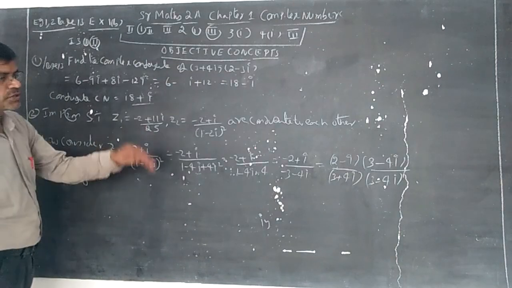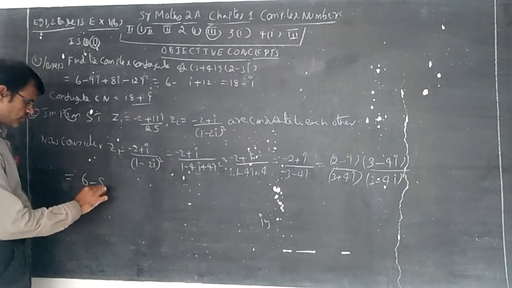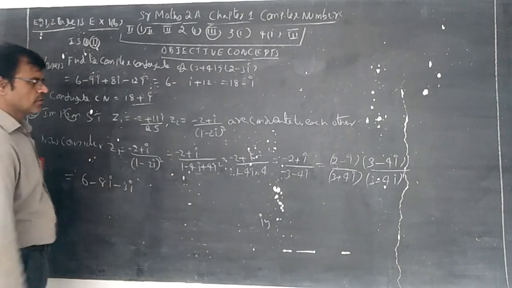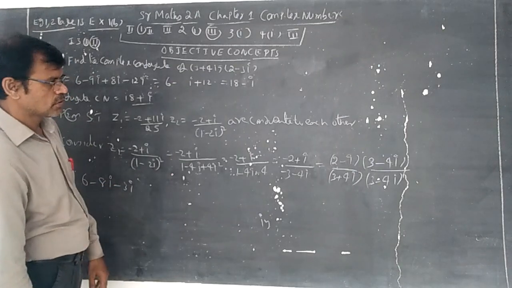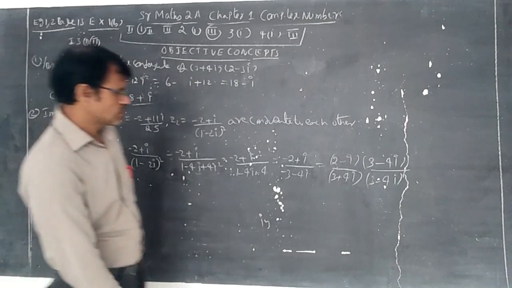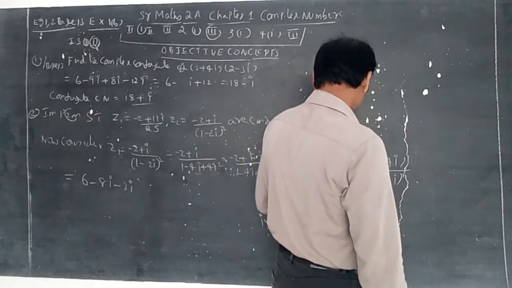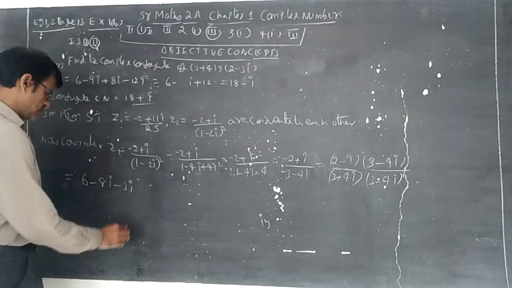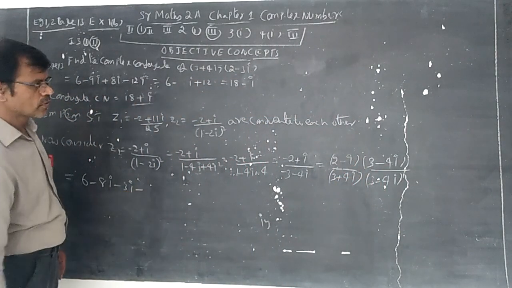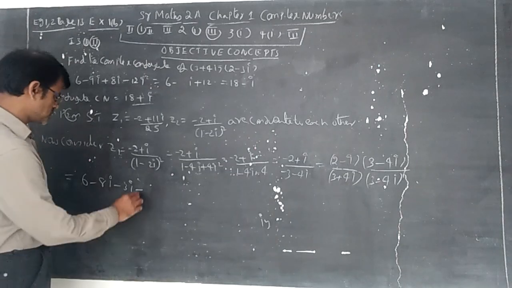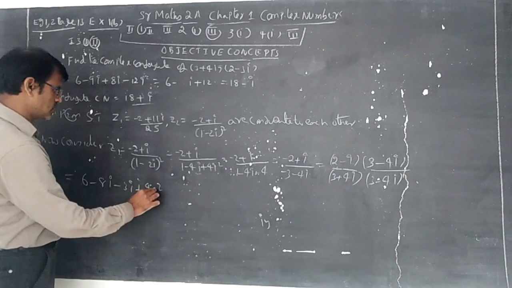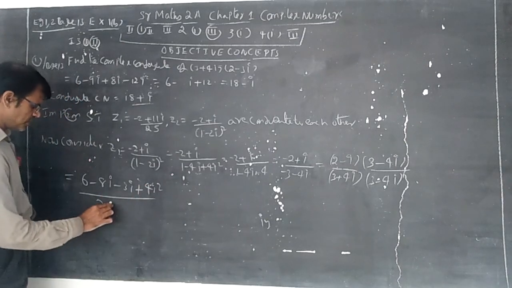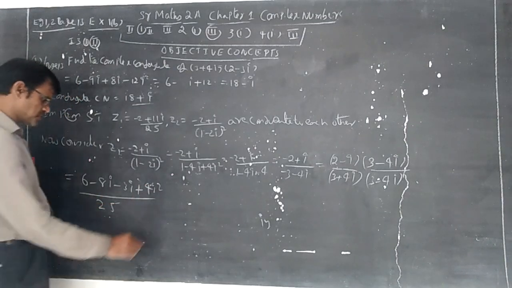Now write like this: 2 into 3 is 6, minus 2 into 4i is 8i, minus 3i, plus 4i square, whole by a plus ib into a minus ib, which is a square plus b square.